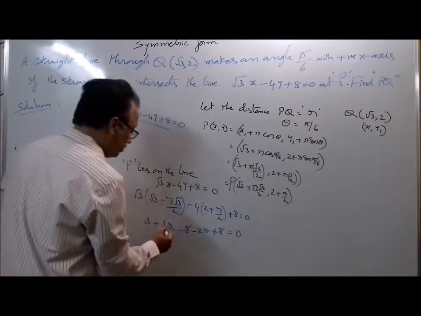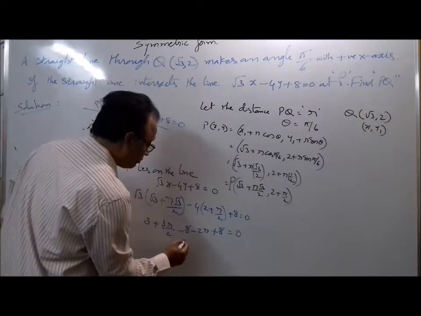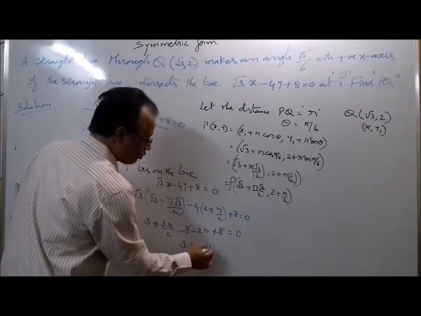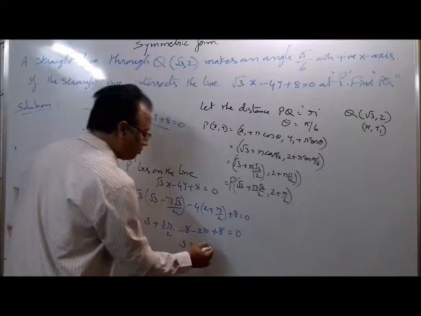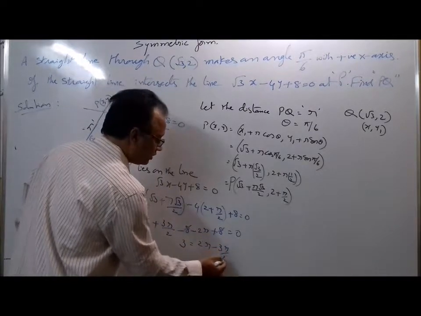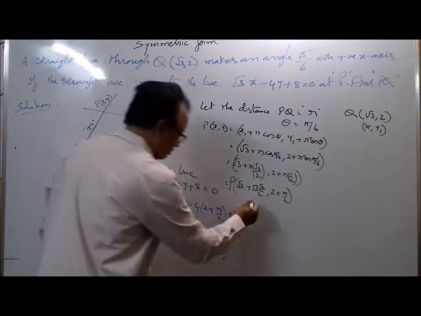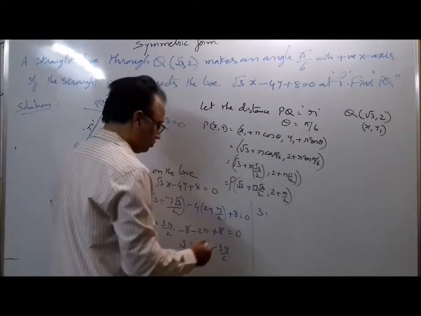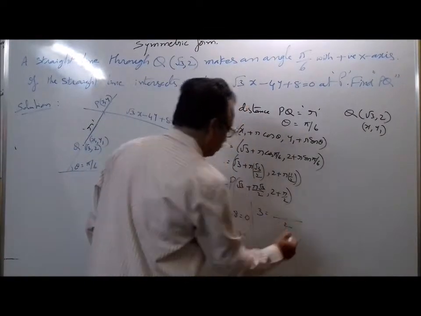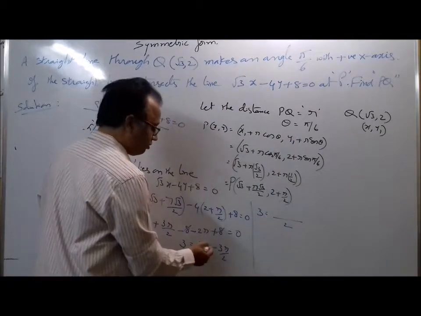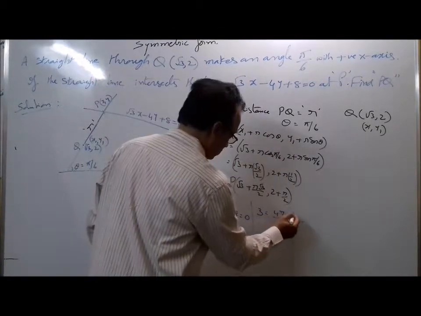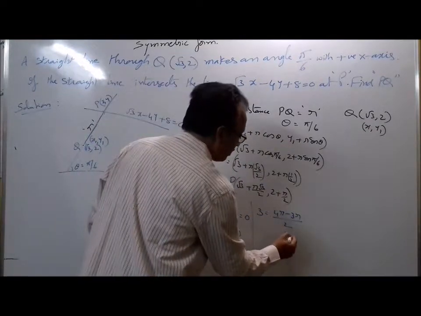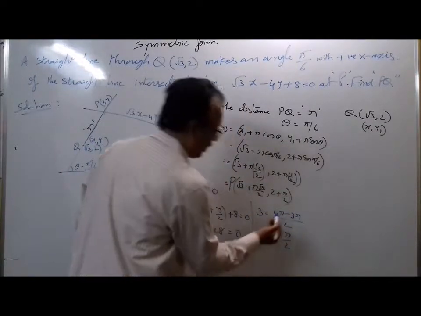So 3r by 2, 3 I keep here, 2r send that side, plus 2r, 3r by 2 send that side, minus 3r by 2. That is 3 is equal to, LCM 2 by 1, 4r minus 3r. So 4r minus 3r is r by 2 is equal to 3.